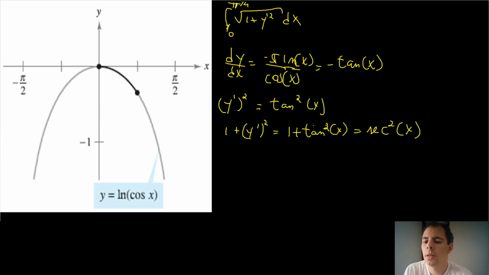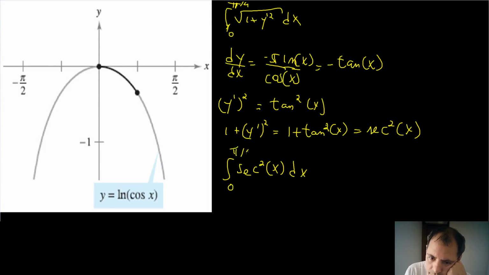That's one of those trigonometric identities. 1 plus the tangent squared of x is the secant squared of x. So the square root of the secant squared of x is just going to be the secant of x. So it'll be the integral of the secant of x dx from 0 to pi divided by 4.